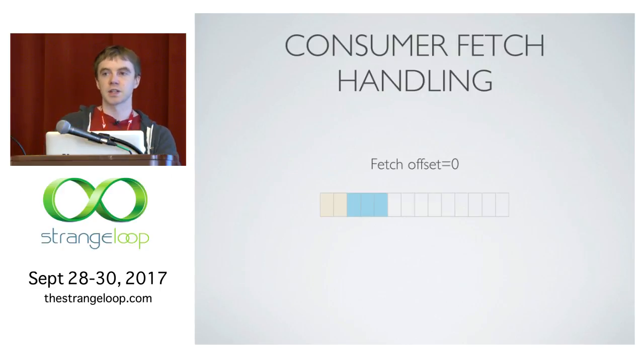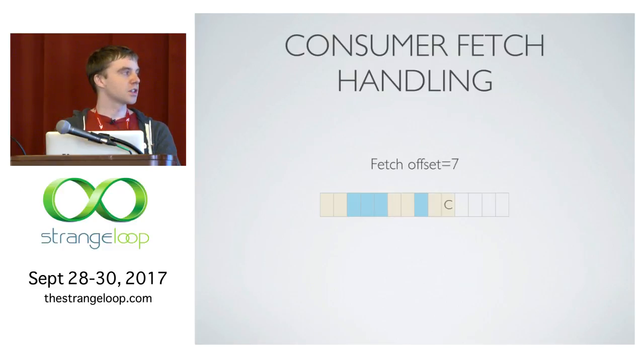So from the client's perspective, what does that mean? There's a potential issue here. Let's say you send a fetch request at offset 0. You get back two transactions, but you don't really know what the result of those transactions is.